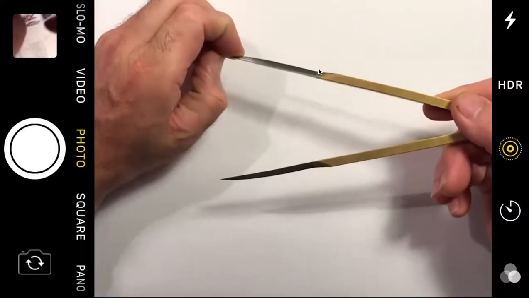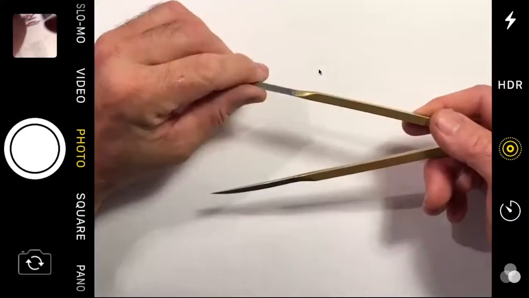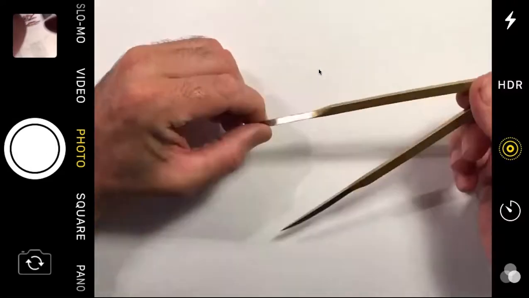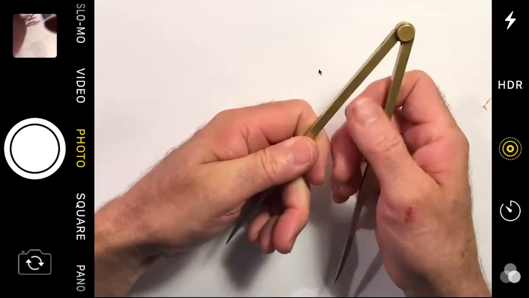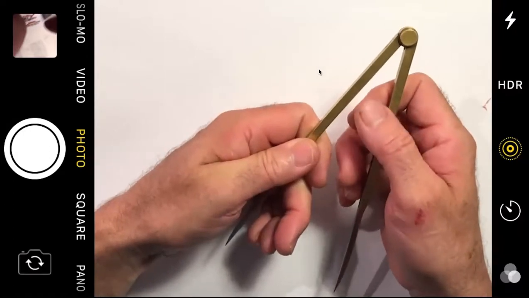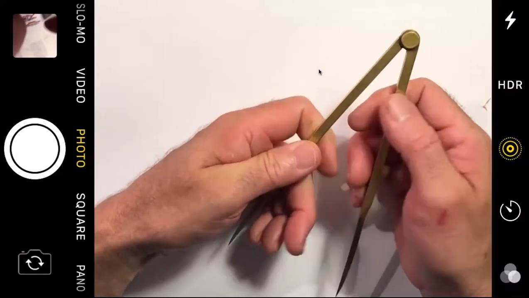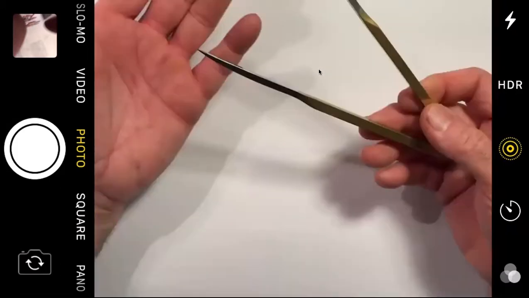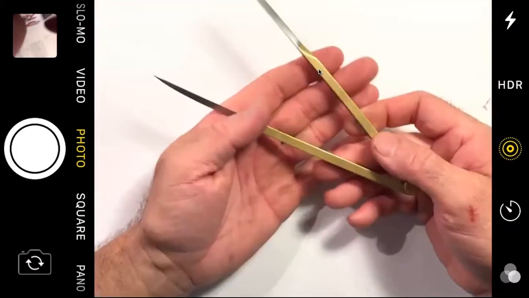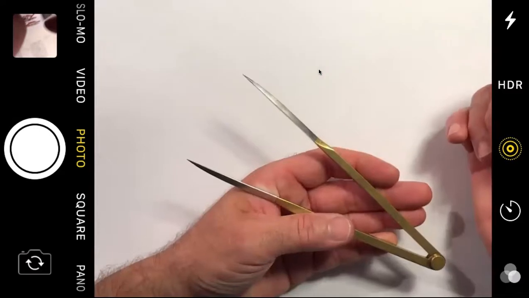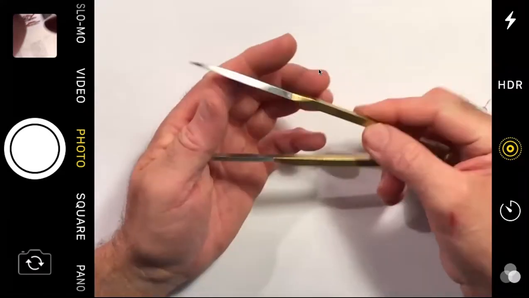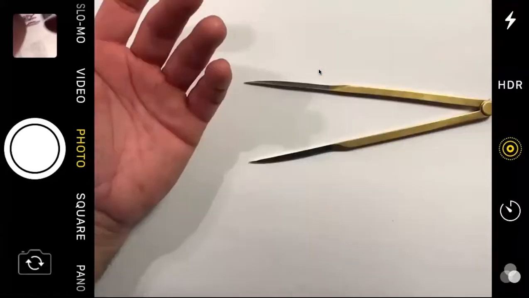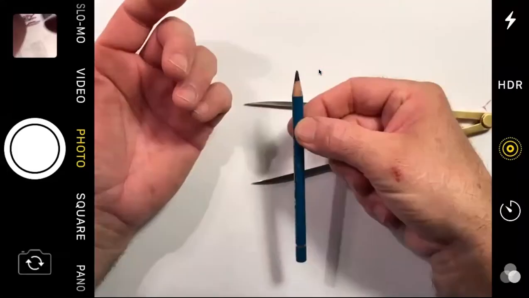If you don't have this, you can use a compass, but don't use the compass with the little wheel in the middle, because it takes forever. Use the divider that comes with the compass, which is a compass with two points, no graphite, right? If you don't have this, you can use a pencil, any stick-like thing.